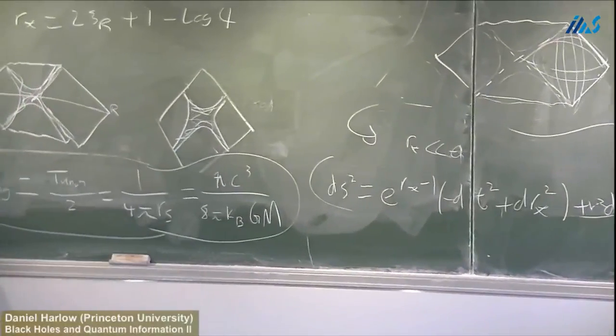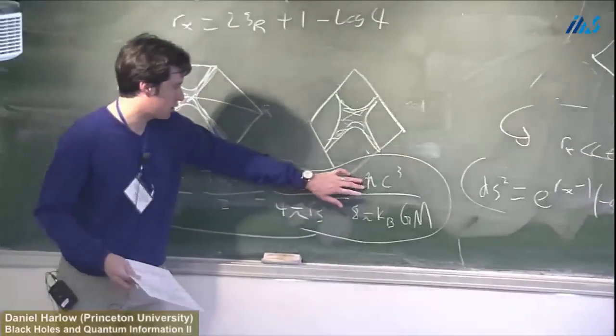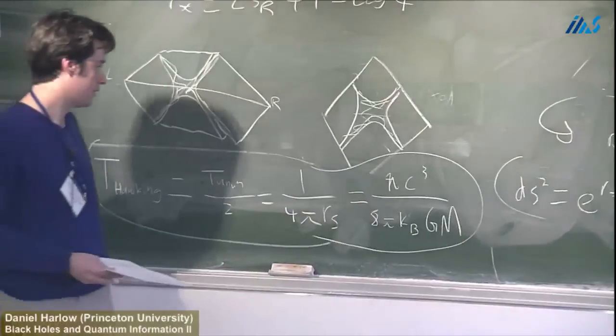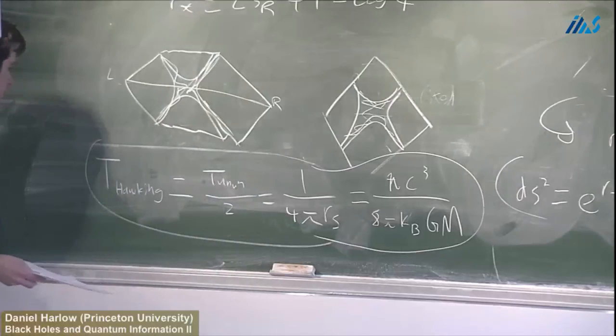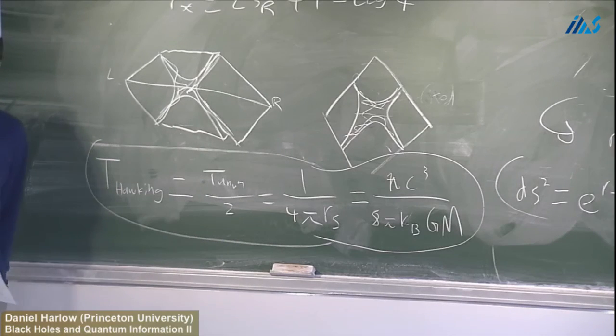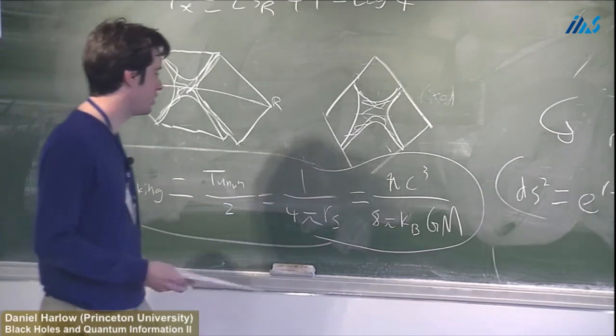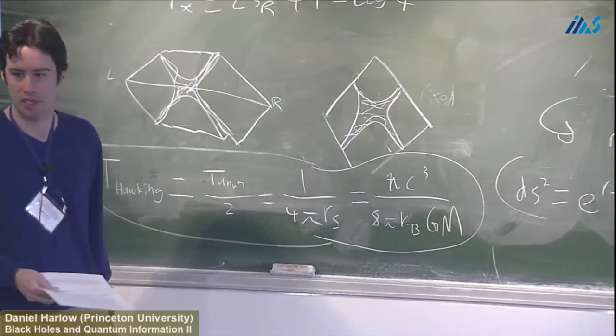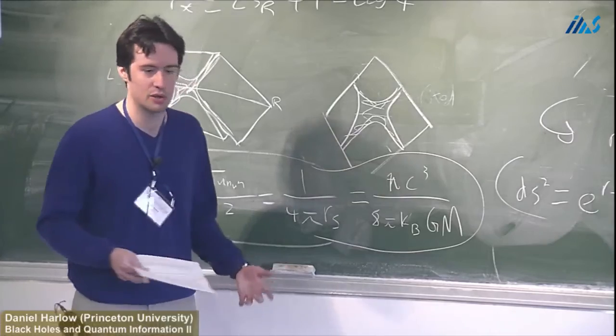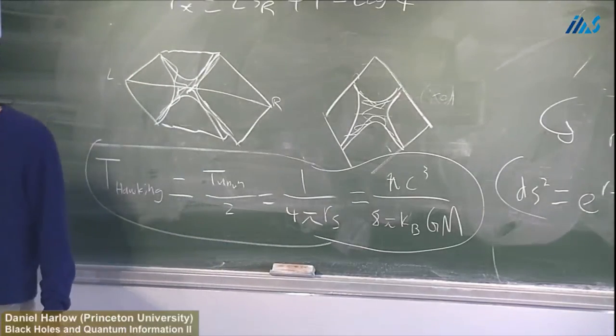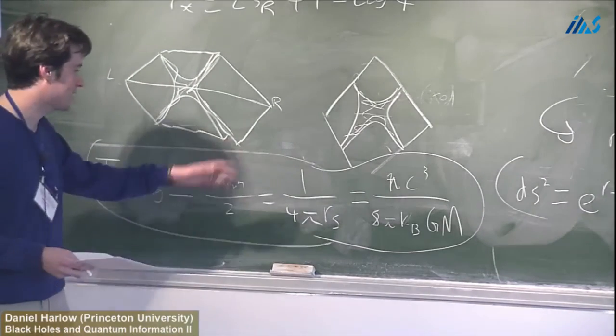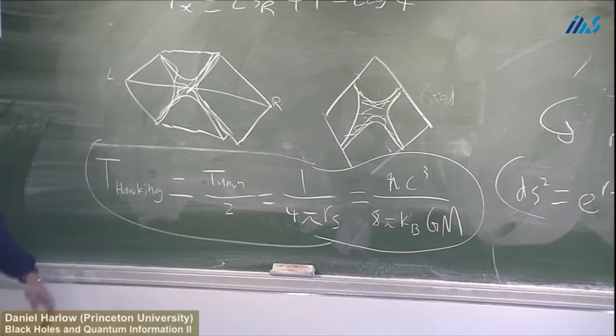Again, you see that as h bar goes to 0, the temperature goes to 0, and that's the statement that classical black holes don't radiate. The c goes to infinity limit doesn't really make sense, because to talk about black holes at all we're doing general relativity, and c is finite. You can try to take c to infinity, but then you'll lose the black hole altogether.